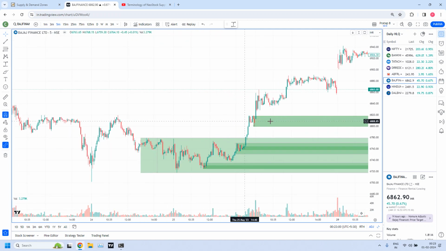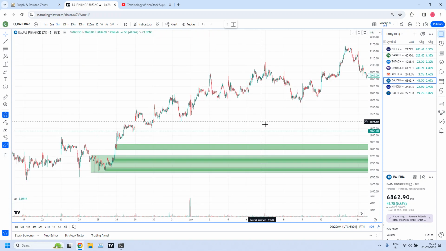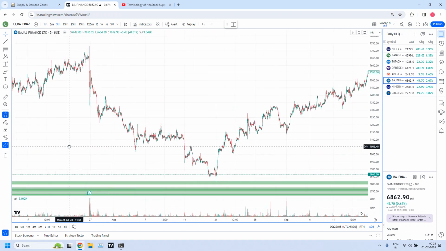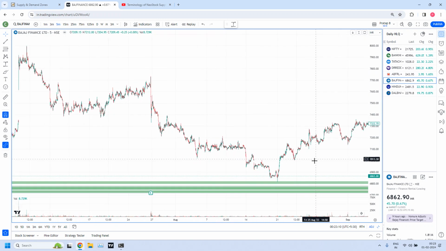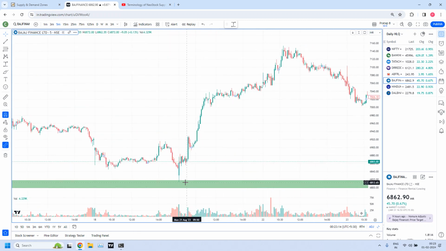In this zone, already this was tested once and pushed the prices up. Let me show you the tested area. See here, see the rejection, how strong the entry buffer was earlier.